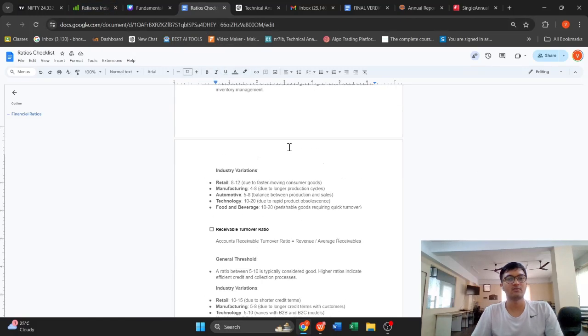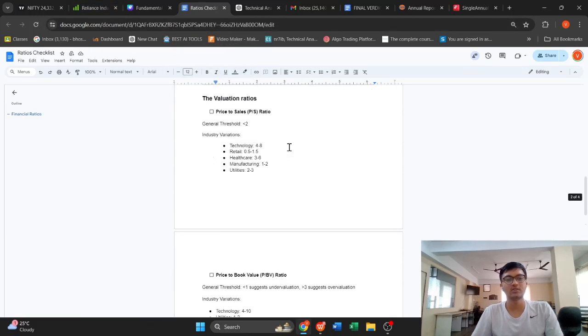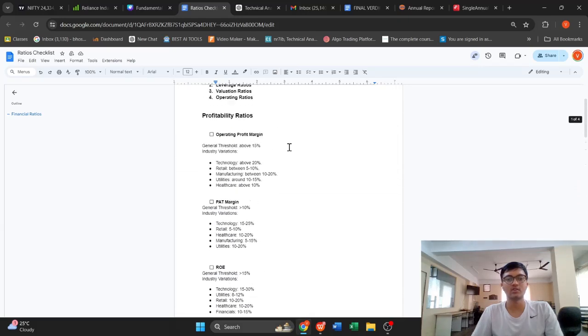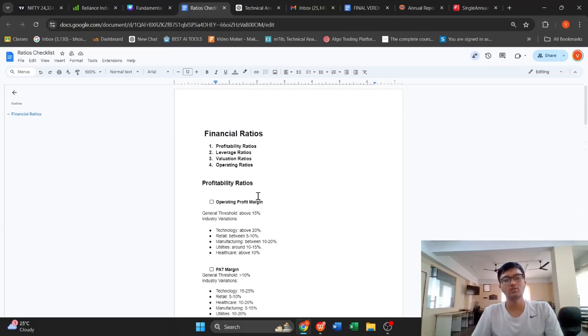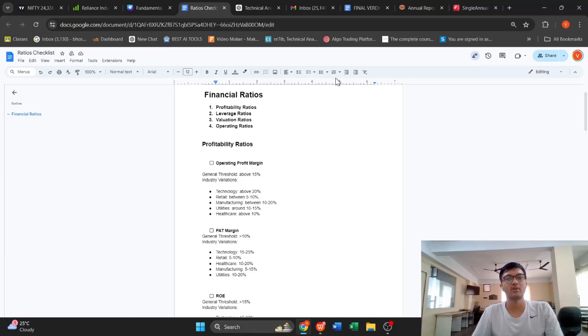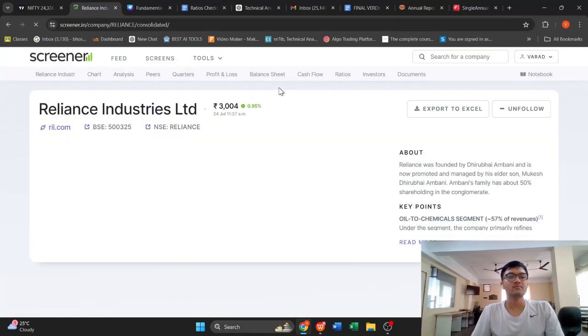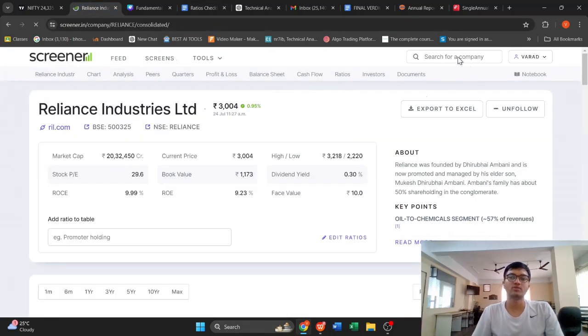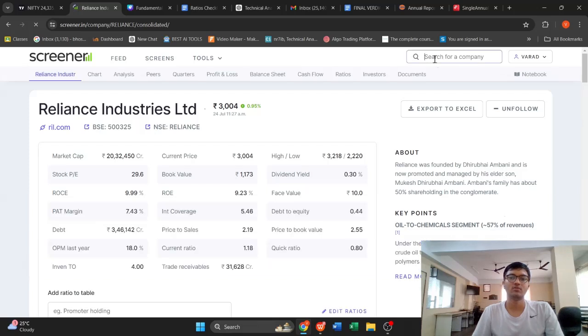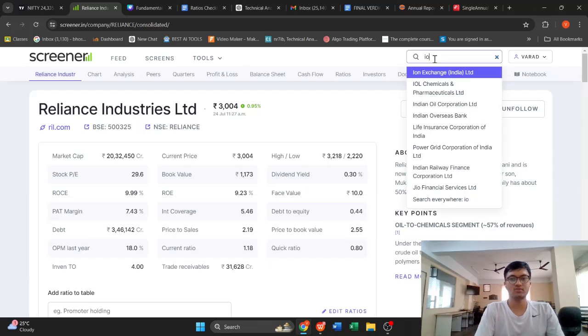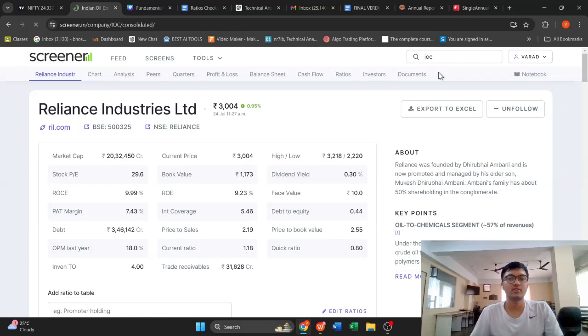I've made this ratios ka checklist where you can just go ahead and check if the companies are able to meet it. So first I'll look into the operating profit margin. Let's say IOC, Indian Oil Corporation Limited.